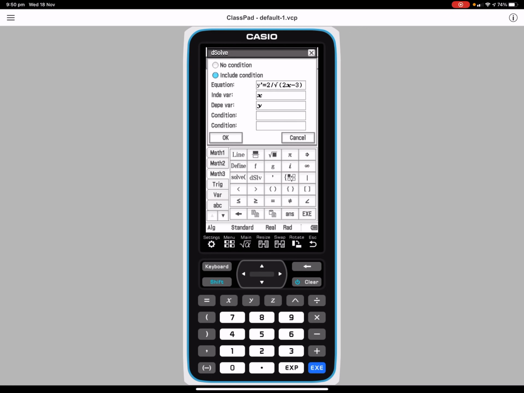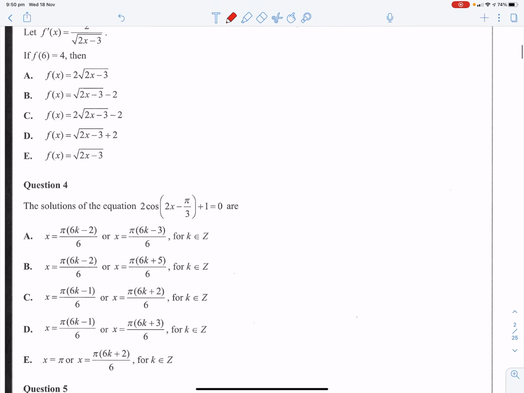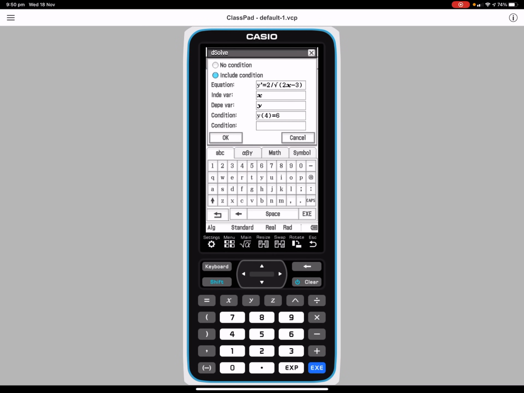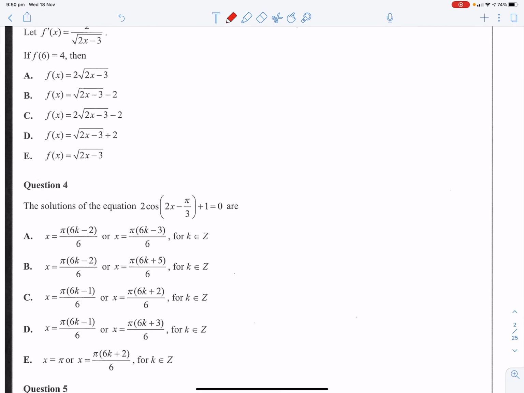I think y of 4 was equal to 6, or y of 6 is equal to 4, one or the other. Y of 6 is equal to 4, is that what I just wrote? Other way around. Okay, 2 root 2x minus 3 minus 2, plus c.